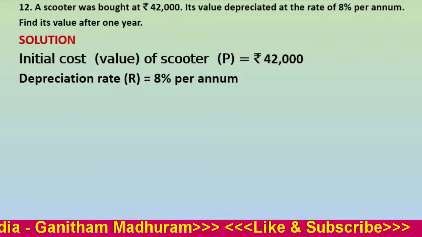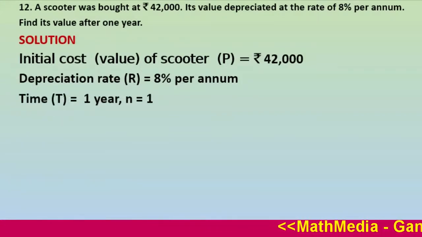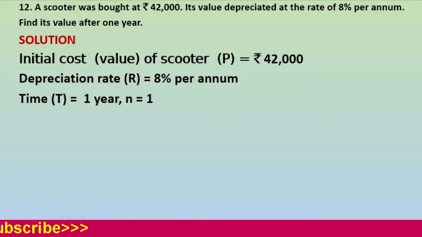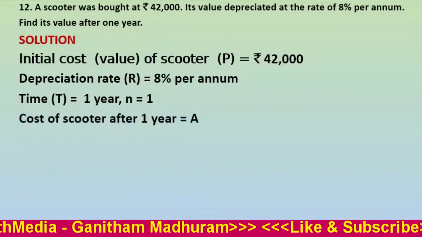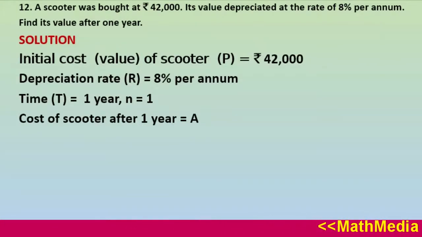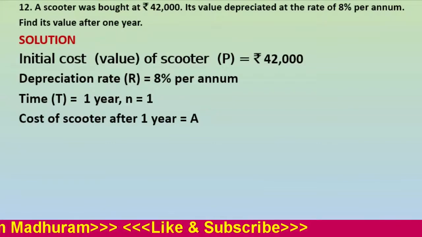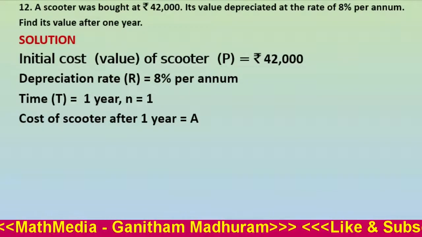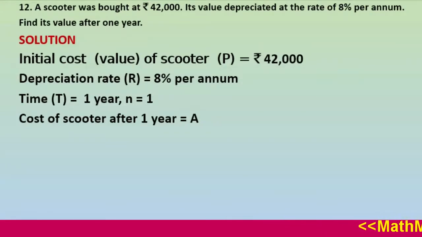We have to find the value after 1 year. That means time equal to 1 year, hence n equal to 1. What we have to find out? Yes, we are calculating the value of the scooter after 1 year. Connecting this with our compound interest formula, we have to find the amount.